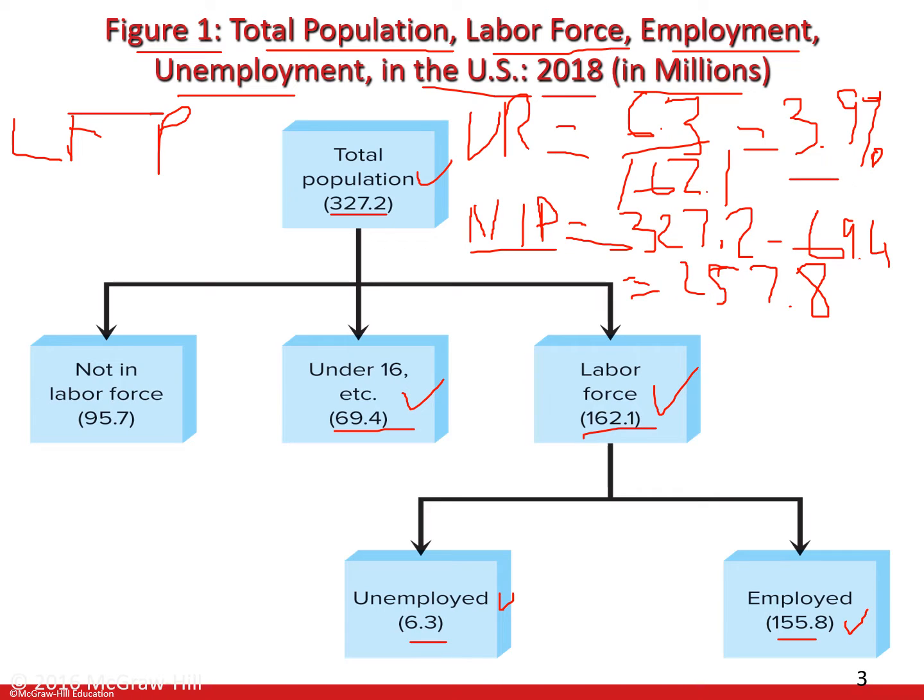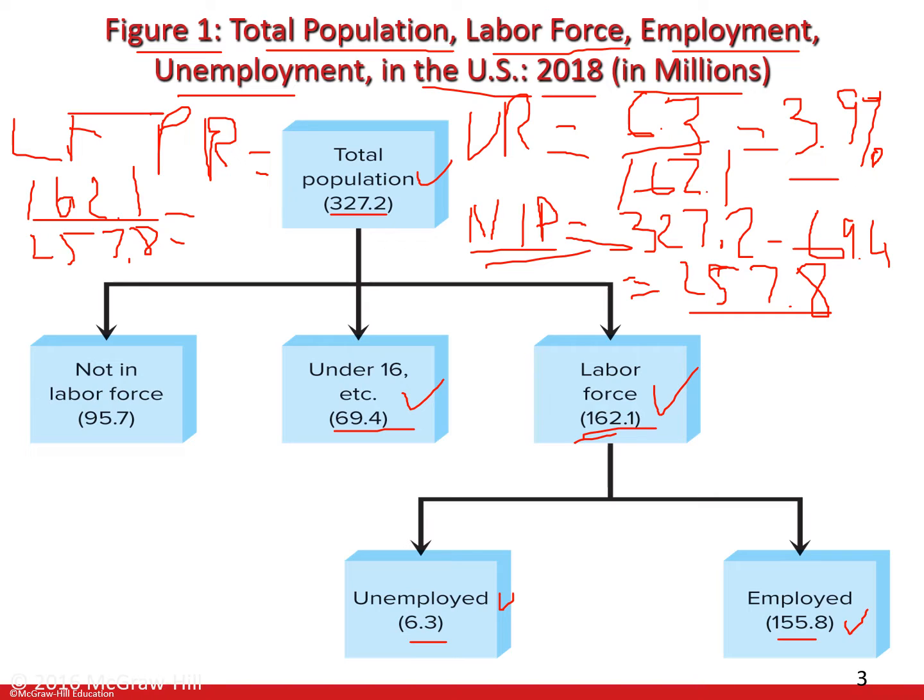Once you compute the non-institutionalized population, then you're ready to compute the labor force participation rate. The labor force participation rate equals the labor force, which is 162.1 million, divided by the non-institutionalized population, which is 257.8 million, and you multiply the result by 100 to have it in percent.